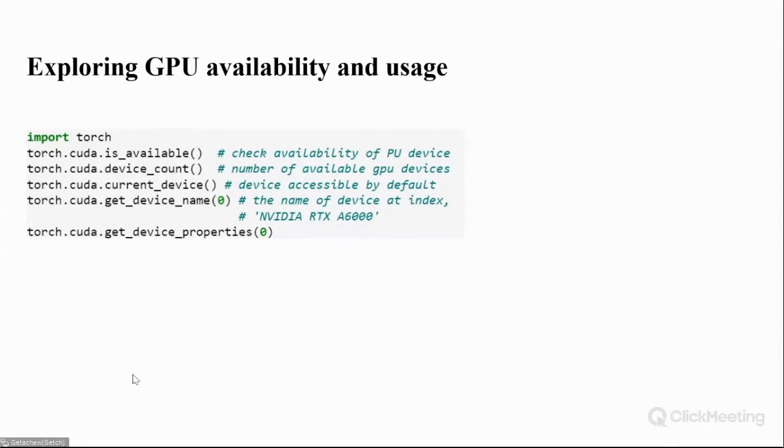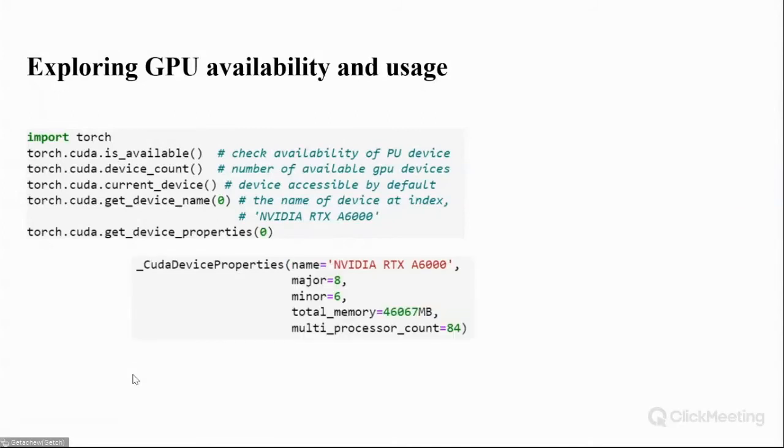But bear in mind that these packages are not directly using a GPU unless it is specified. To do that, you can check the availability of the device, how many GPUs you have, and what the default current device is. If you want to implement other device-specific tasks, you can also see the device name and device properties like this.